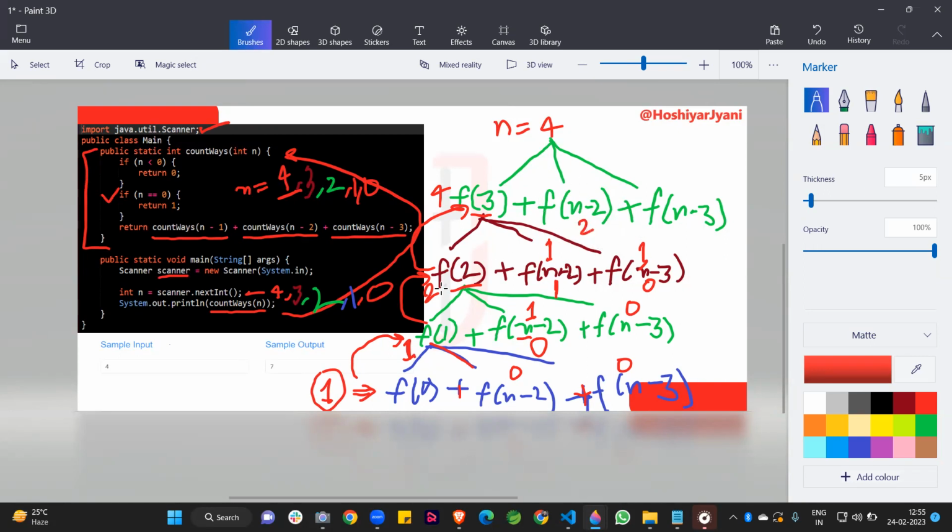This is our f of 2. And what does f of 2 return? f of 2 returns 2 value. So the result of this method is 2 here, guys. You can see here f of 2 returns 2 value, because after these trees it returns the 2 values. So this is also solved.